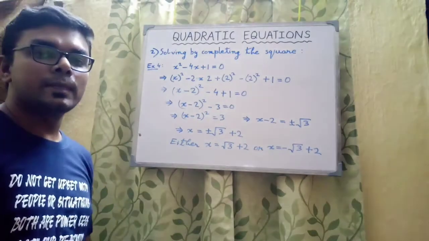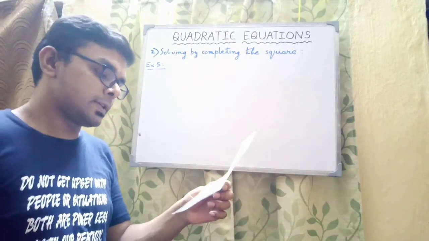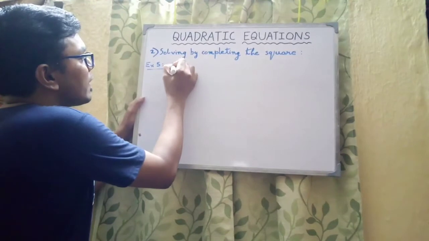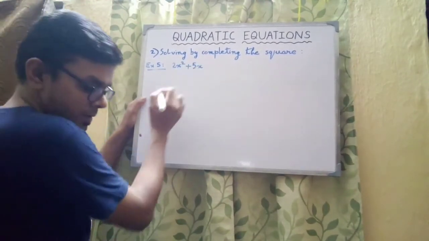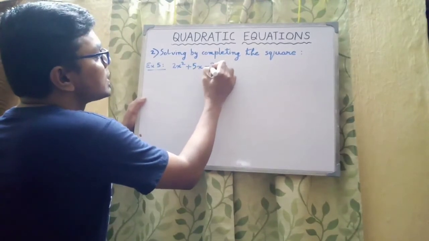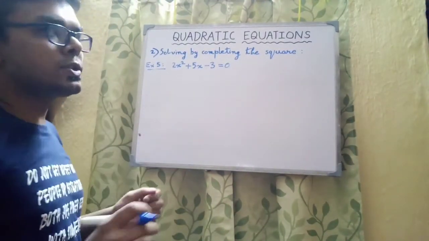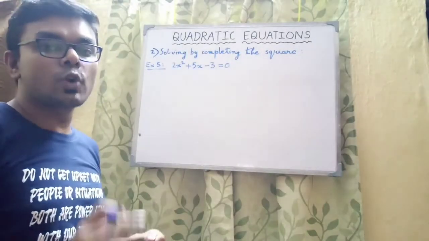Now we move on to the next example. We have the next example here, that is 2x squared plus 5x minus 3 equals to 0. Now, as I told you, you have to ensure that the first term is a perfect square. But here the first term is not a perfect square.